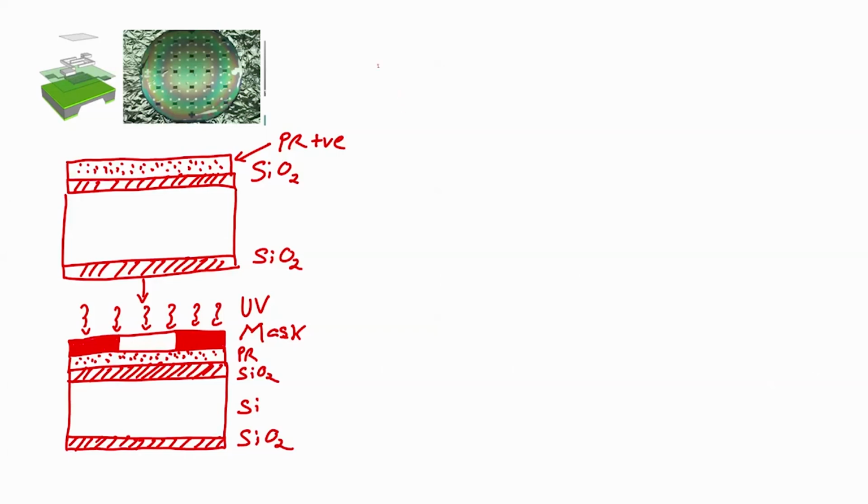What is the next step? Of course, when I tell you that we are spin coating positive photoresist, it should be assumed that after spin coating we will go for soft bake, 90 degree centigrade for 1 minute, we know it. I am assuming that you know it, and that is why I am not writing it. And then after the mask we have to develop this wafer in a PR developer.